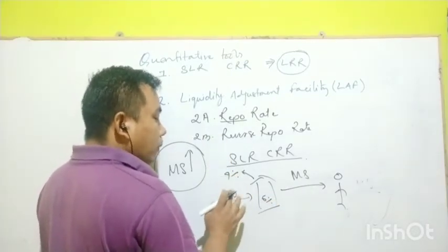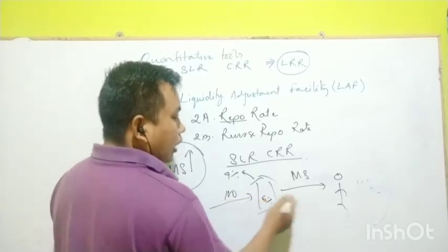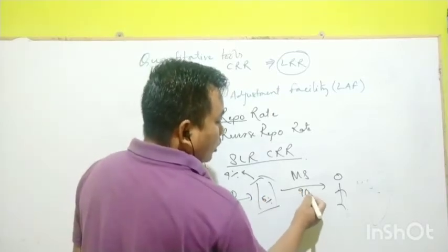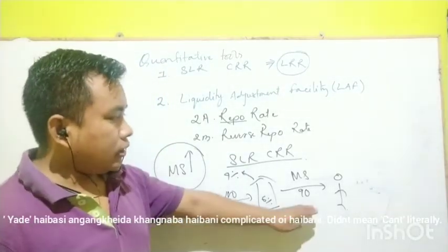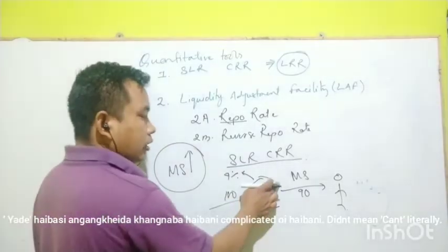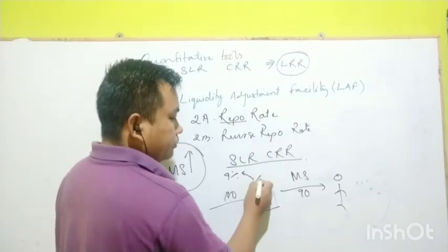So 90 rupees is circulated, and 90 rupees is the money supply. It is very simple.